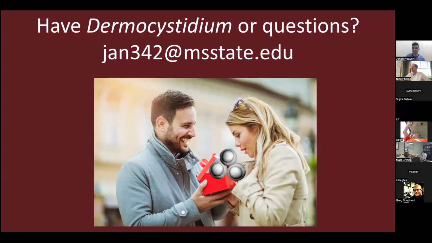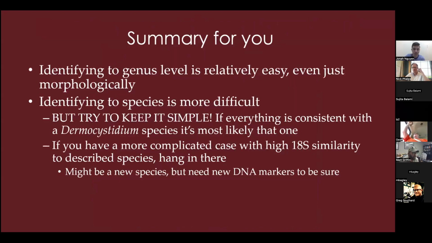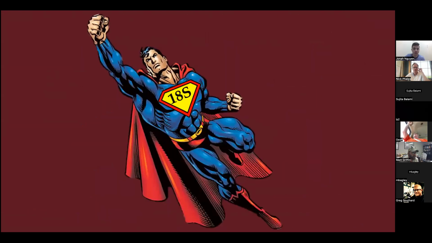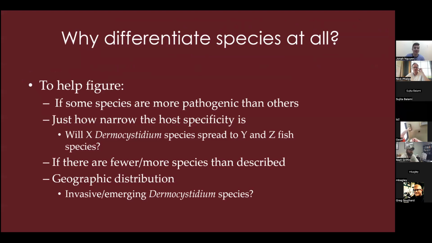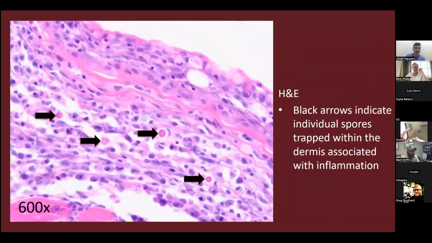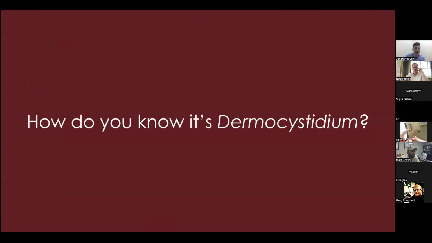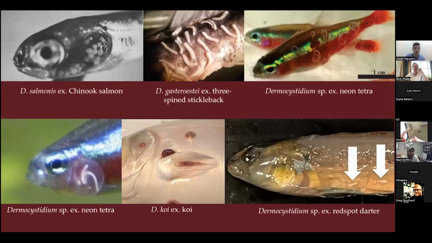Hey, Jonah, great job. Real quick, what is the cyst morphology of your isolate compared to the Chinese perch? It's pretty similar.